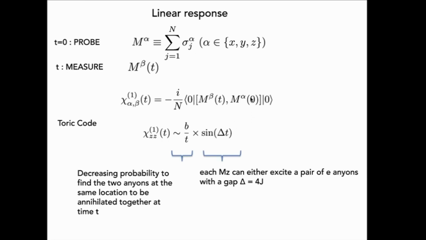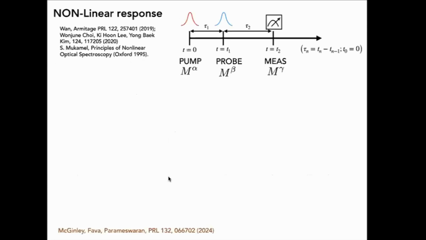So at t equal to 0, you create the anyons. At a later time, you annihilate them. That probability decays as time goes on, because if these anyons move away, you still have to bring them back to return to the ground state. That's why there's an amplitude which decays with time.